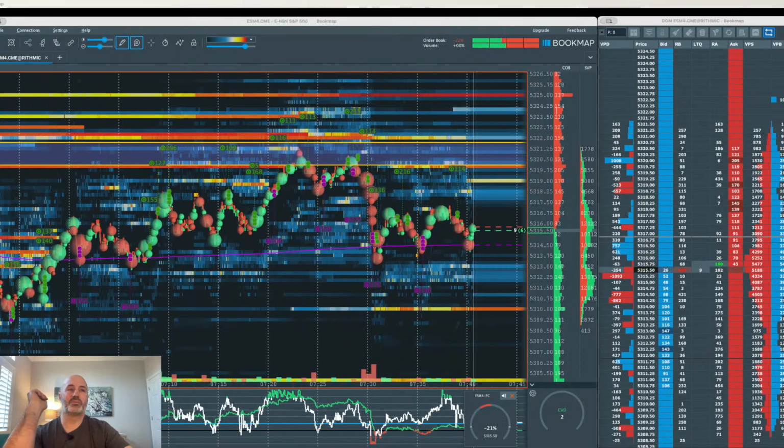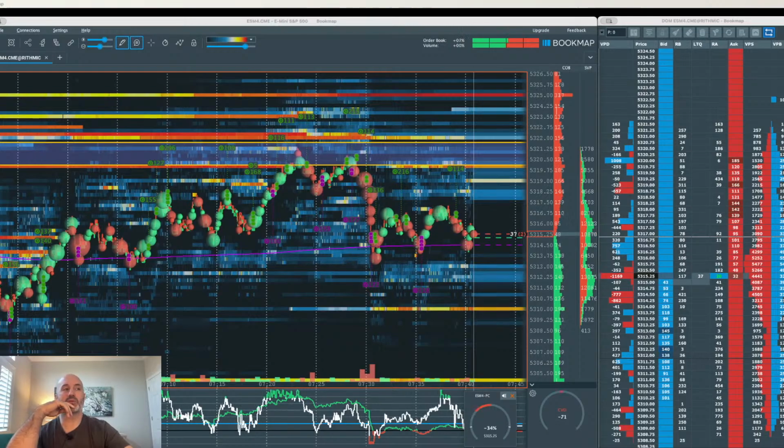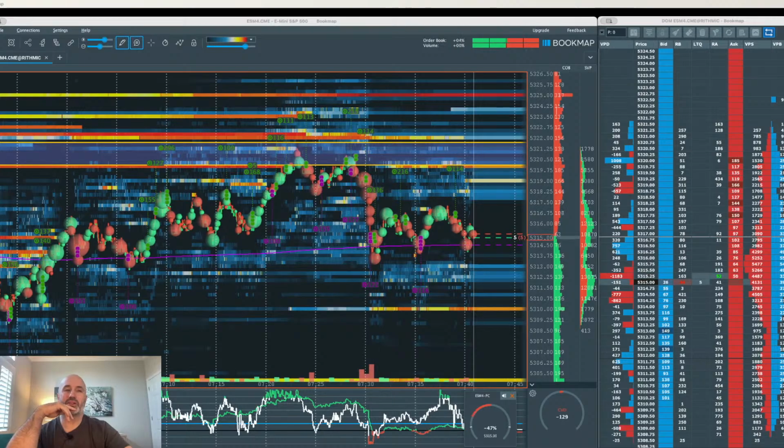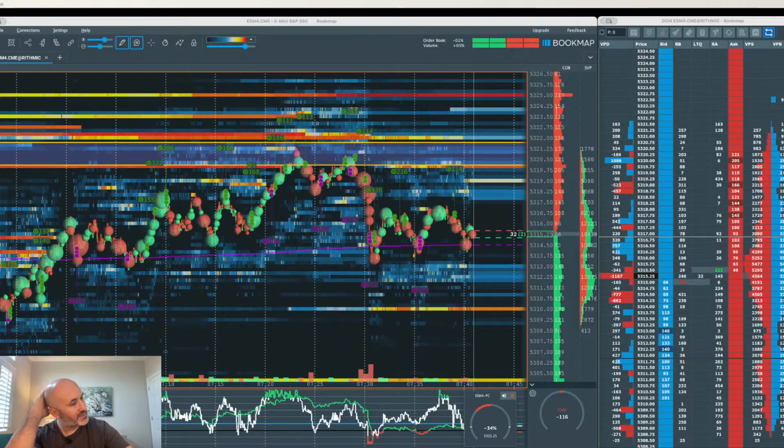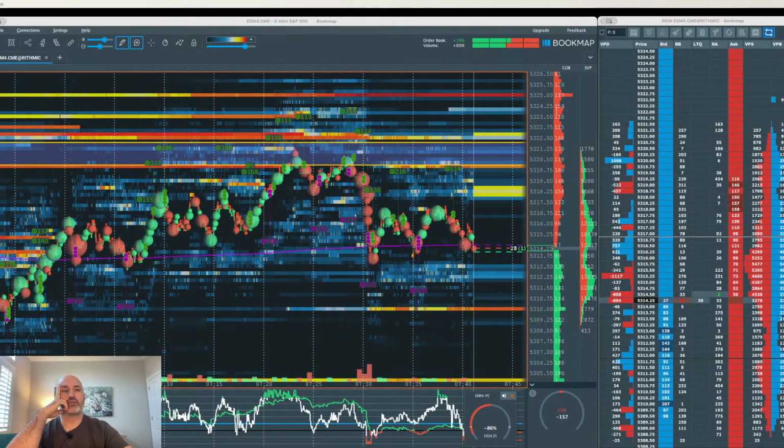I'm not putting on 3-point risk for a 17-point reward here. I can be wrong 3 times, and I just need one trade to go my way, and it's going to be a green day for me. That's what's great about risk management and sticking with your plan.